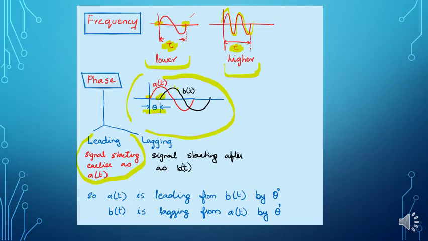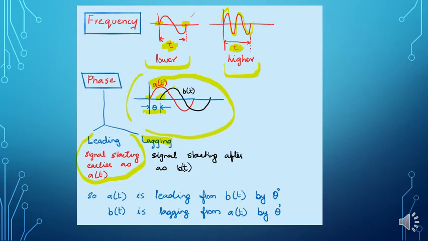The signal starting earlier is the leading signal. a of t is a leading signal. The signal starting afterwards, or later than the previous signal, is a lagging signal with respect to that previous signal. It is a comparison: leading from one waveform, lagging from a different waveform.